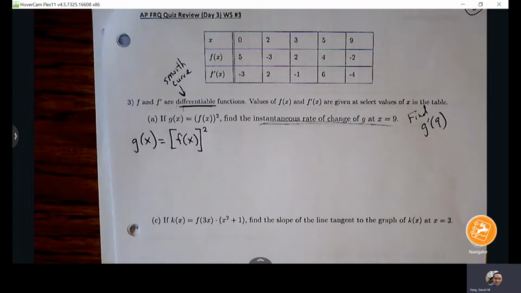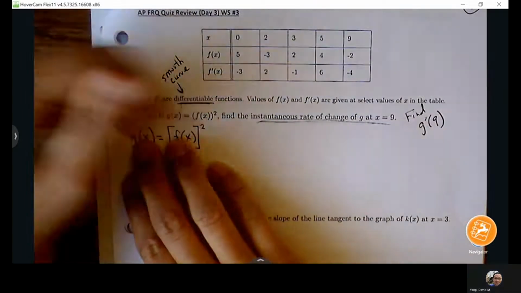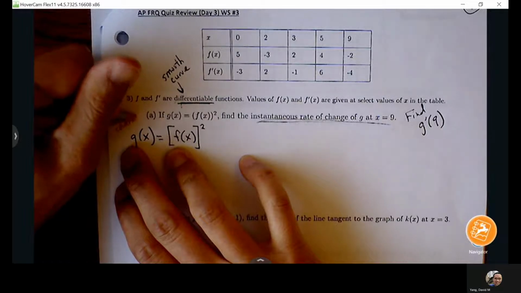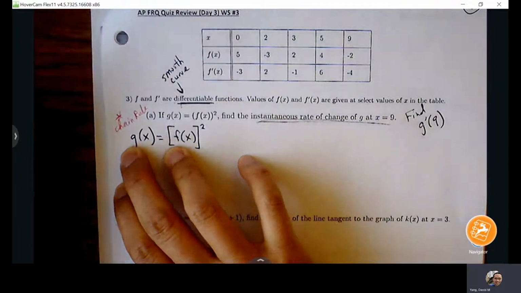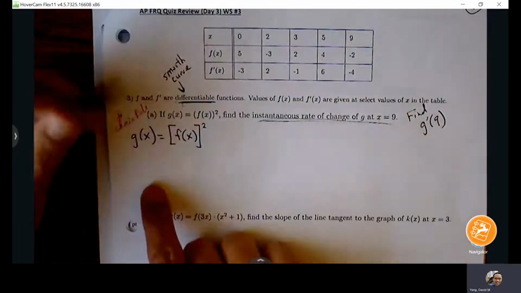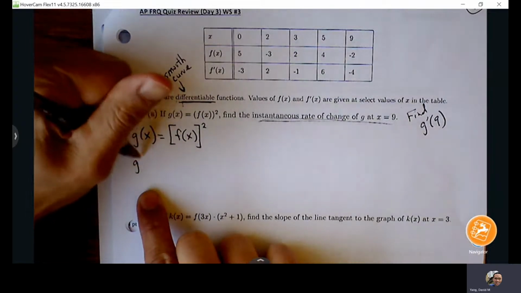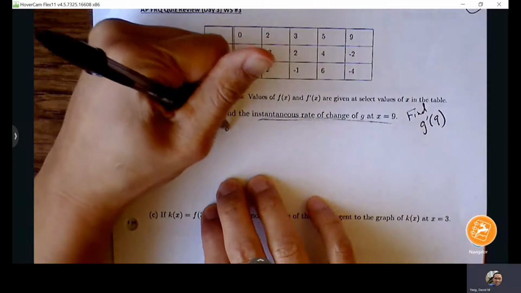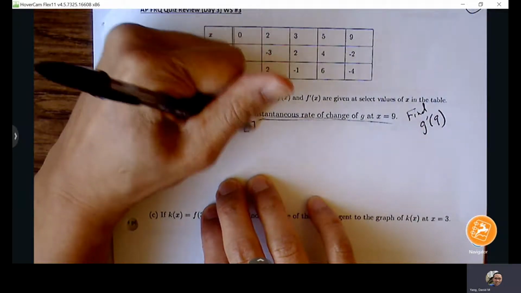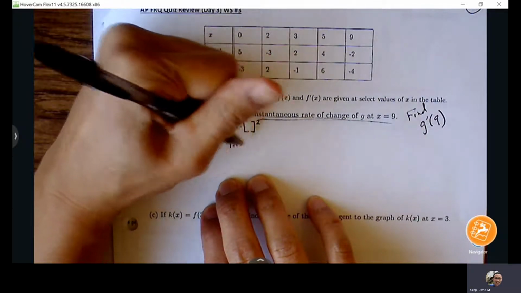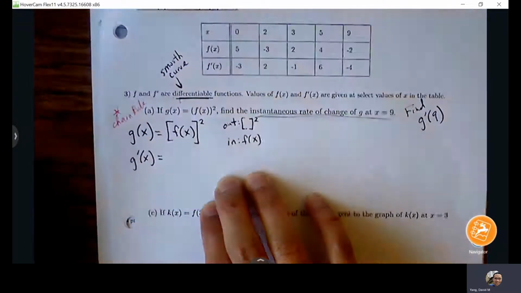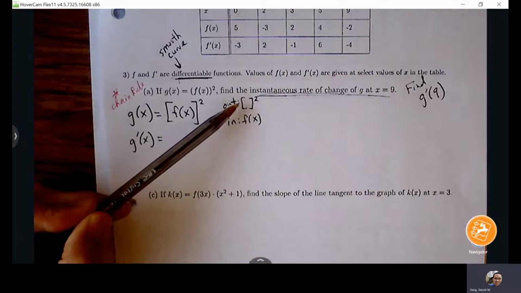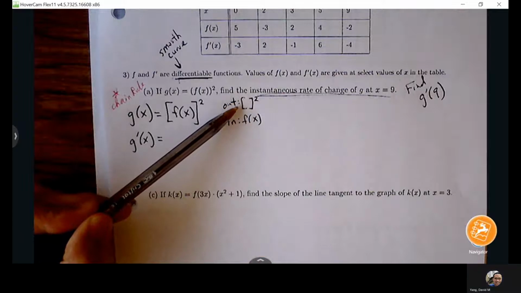So we have to use the chain rule here. The chain rule says outside derivative times inside derivative. The outside is the bracket squared, and the inside is f of x. So we take the terms with each of their derivatives and build it out.